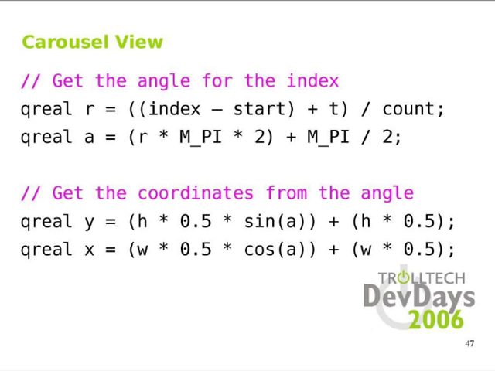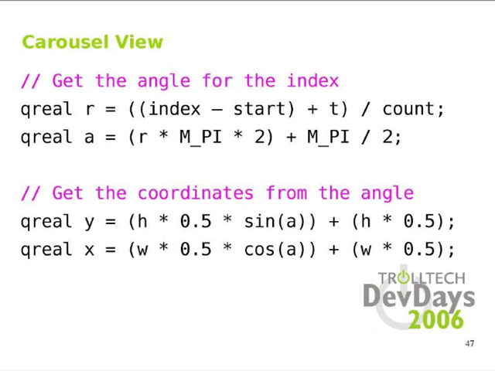The thing is that in addition to laying out the items on the circle, I also want to have some animation transitioning when I select an item. So I add a little bit of complexity here by adding a variable t representing the time of the animation. It's going to be a value between 0 and 1.